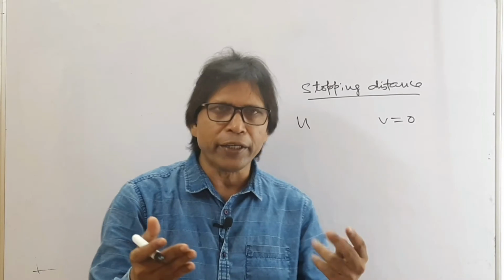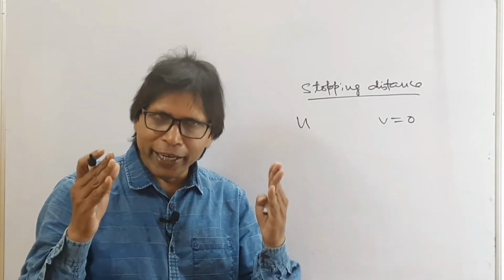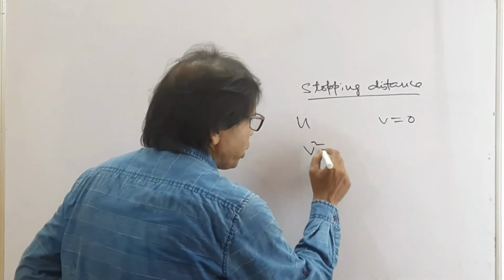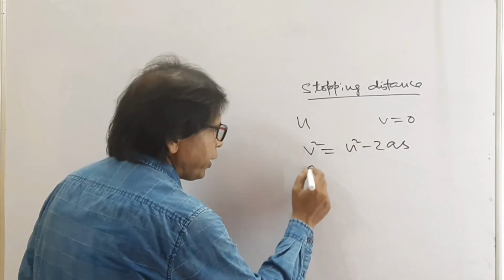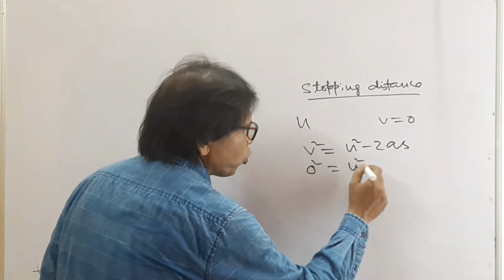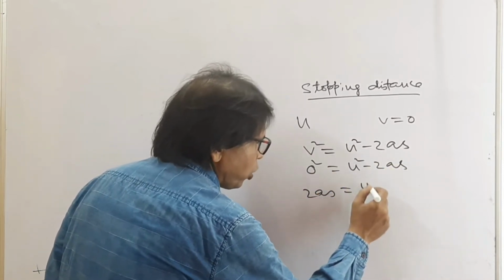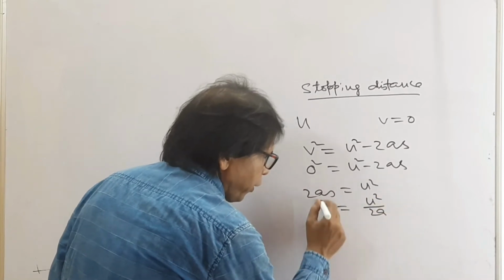Now we have to find the relation between initial velocity, retardation and stopping distance. We know v square equals u square minus 2as. So 0 square equals u square minus 2as. So 2as equals u square, so s equals u square divided by 2a.